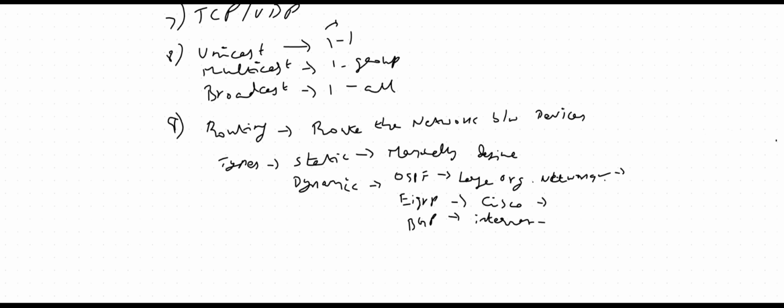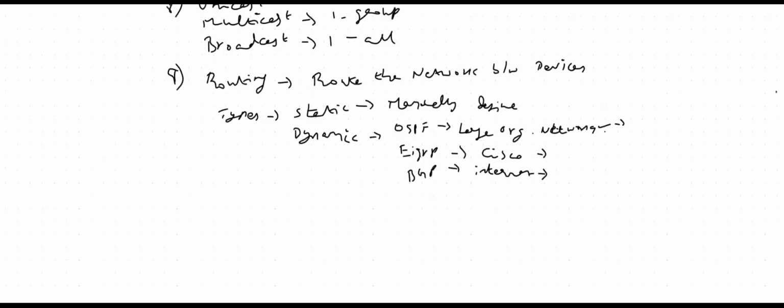Tell me the states. States and all means the configuration level, step by step. Once you know how to configure these dynamic routing types, then only you will know. If you go through the CCNA again, you will have an idea of it. So this is the routing part.